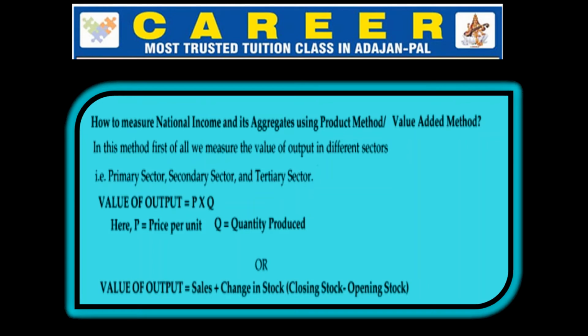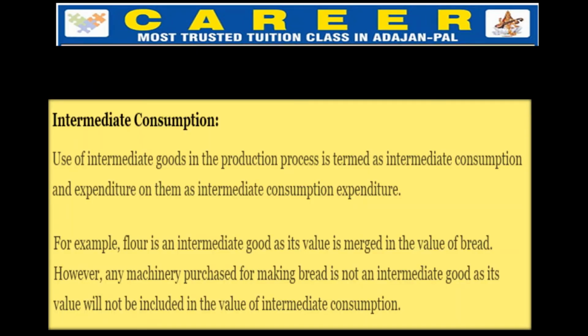The first thing you have to do is add primary sector, secondary sector, and tertiary sector. Then you have to find value of output, that is price into quantity. Multiply price by quantity, or value of output equal to sales plus change in stock. Please remember, closing stock minus opening stock equal to change in stock.